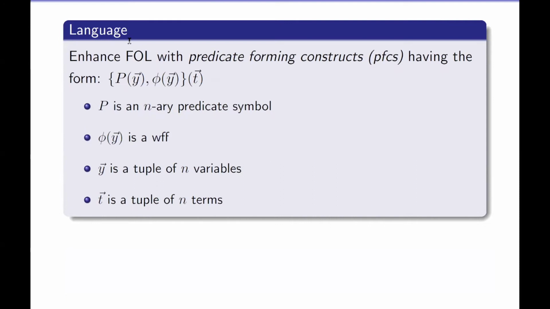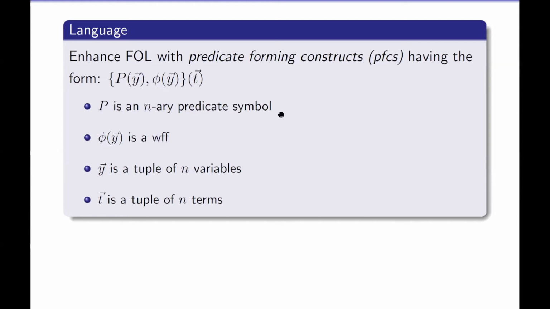The language we employ is based on first order logic, enhanced with so-called predicate forming constructs. These constructs, as their name suggests, are treated as predicates and have the following form: P of y, comma, phi of y, for some terms t.